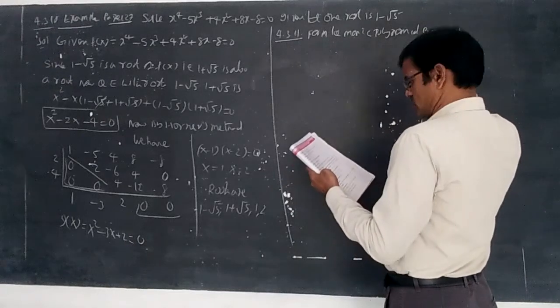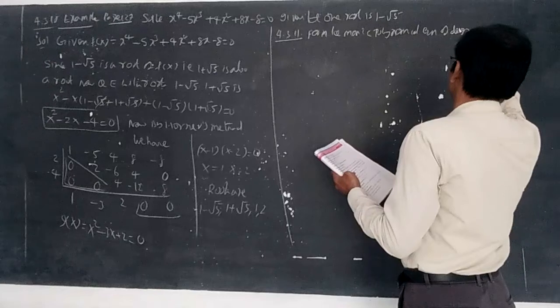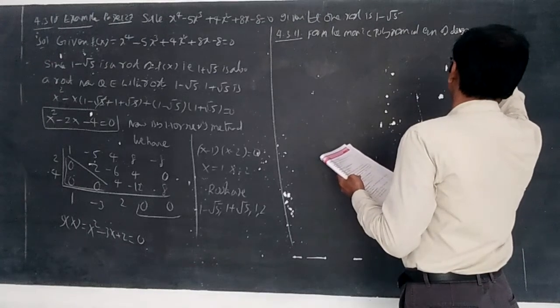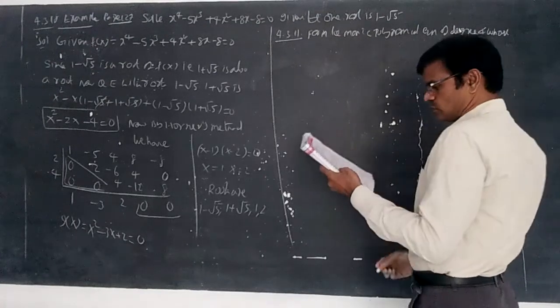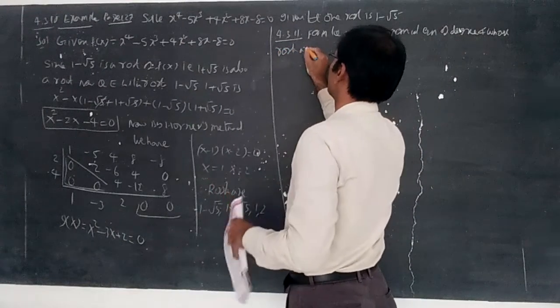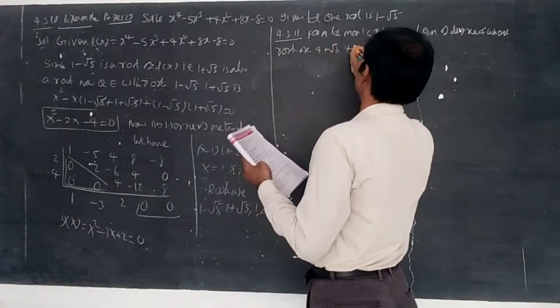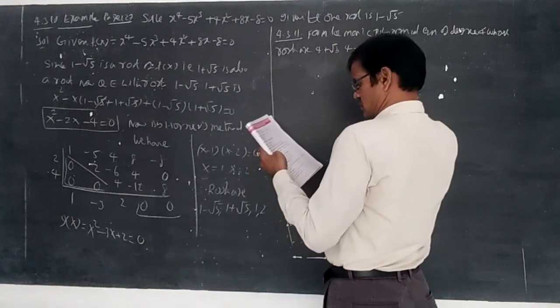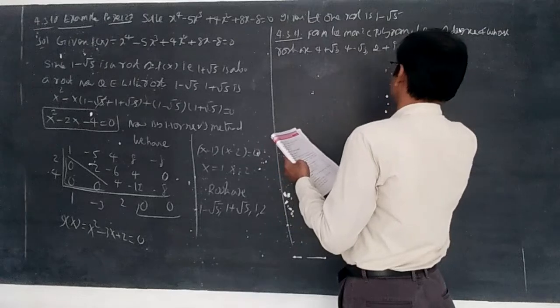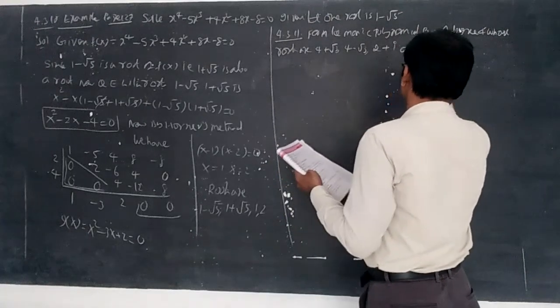Form the monic polynomial equation of degree 4 whose roots are 4 plus root 3, 4 minus root 3, 2 plus i and 2 minus i.